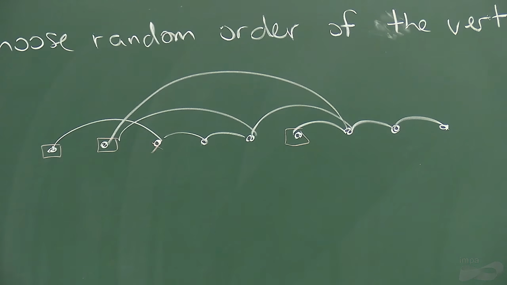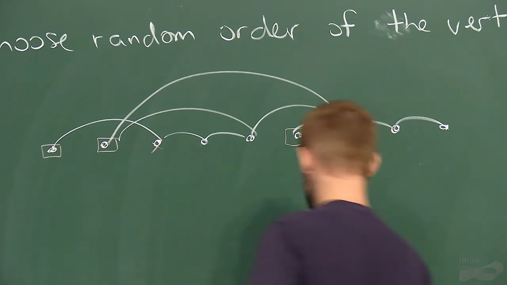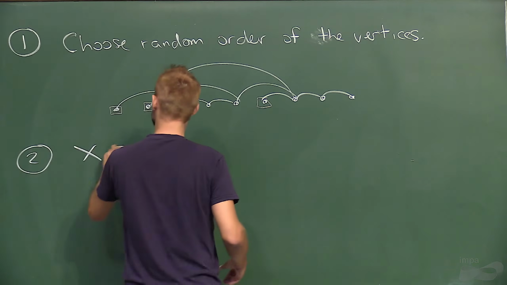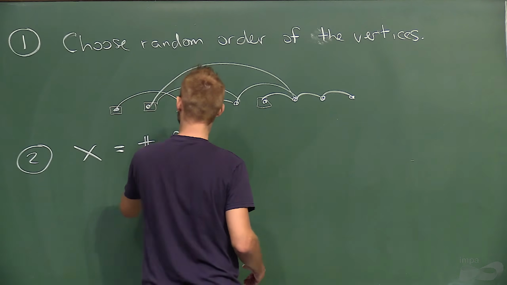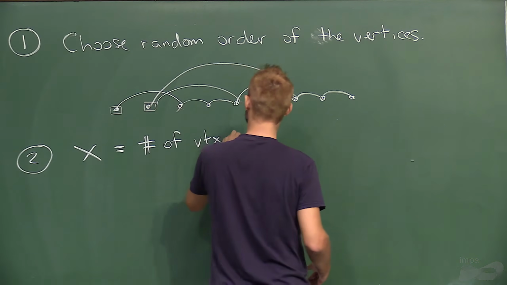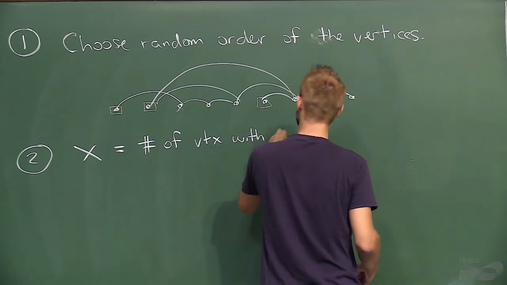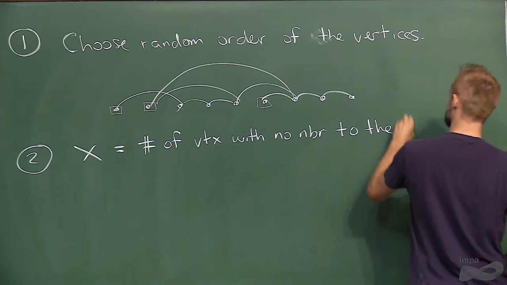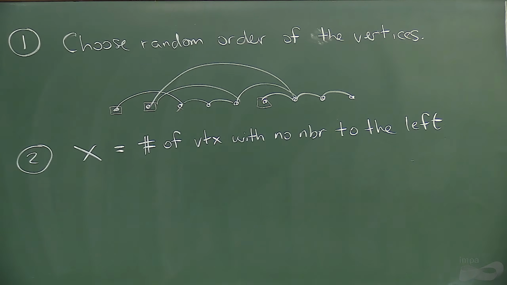But why are we happy with this? So I want to define x as the number of vertices with no neighbor to the left, which only sends edges right.